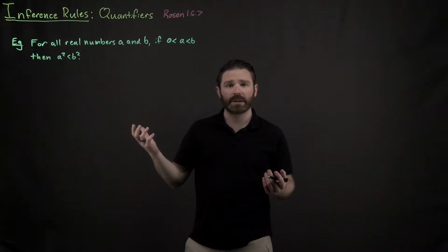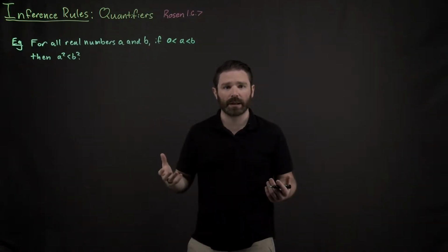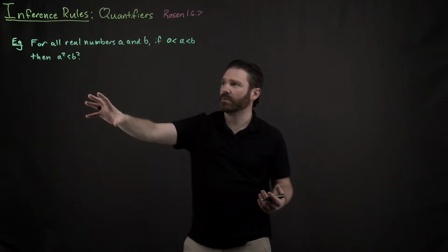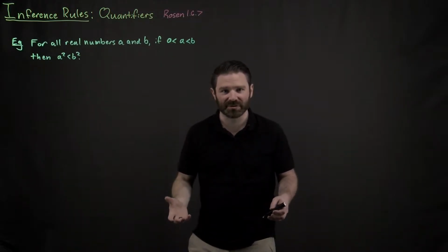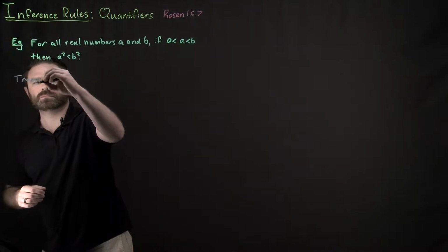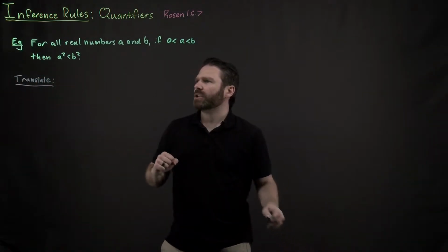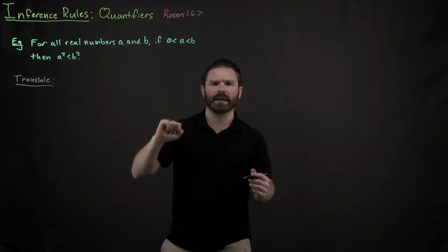So if we wanted to try to use our inference rules to see if this is a valid argument or not, we would again have to apply our first step to translate this into a form where we can apply our inference rules. So let's go ahead and do that translation right now. In doing my translation, the first thing that I see is I'm talking about real numbers a and b right here.